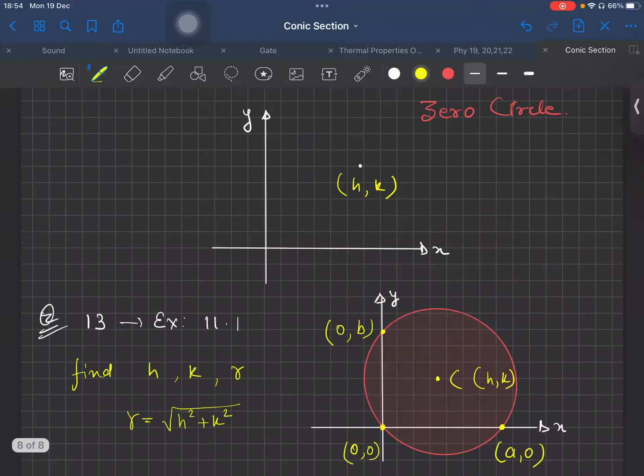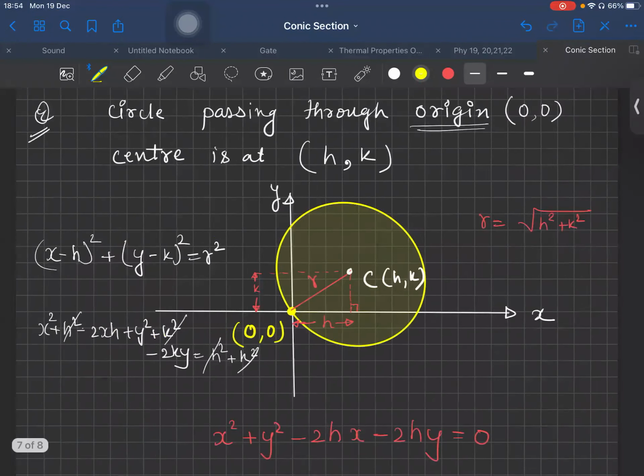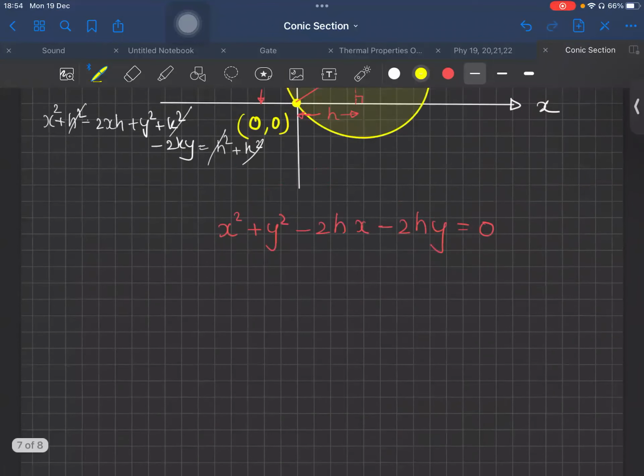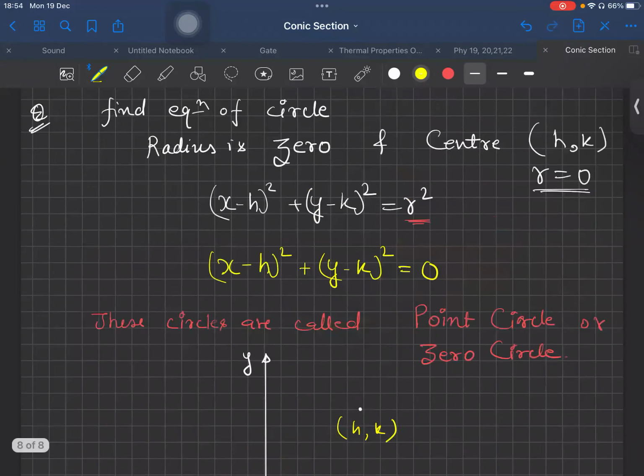Let's solve this problem. See here, the circle passes through the origin, centered at (h, k). Instead of (h, k), you are given this point and this point. So how will you find h and k? Do it.